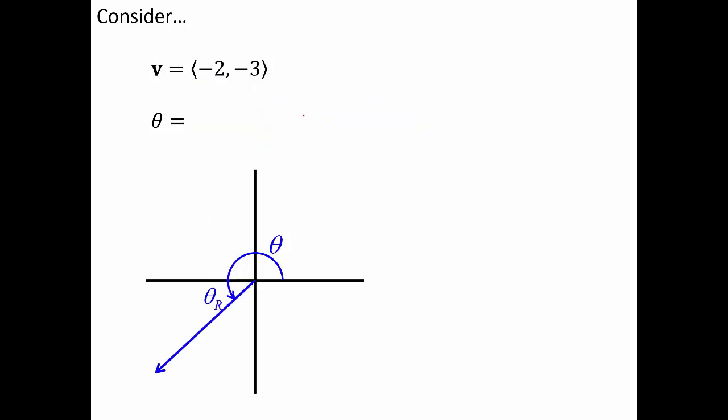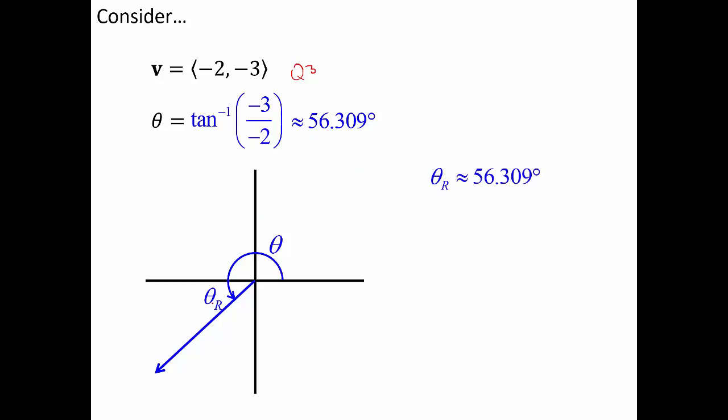Looking ahead to the third quadrant, negative, negative, that's a quadrant 3 vector. Setting up my inverse tangent, -3 over -2. Now notice the double negative would actually cancel out and give me the same answer that I had from quadrant 1. I am not in quadrant 1, I am in quadrant 3. Now, just like we did before, that 56 is technically just the reference angle.